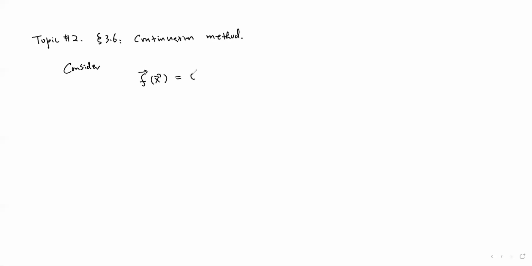We want to solve this vector equation where a vector F has n entries. The first entry is a function f1, and the unknowns are x1 through xn. N unknowns, n equations.